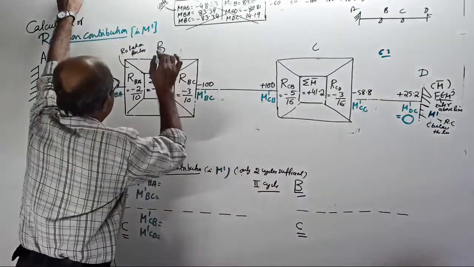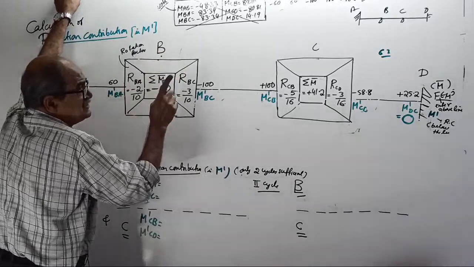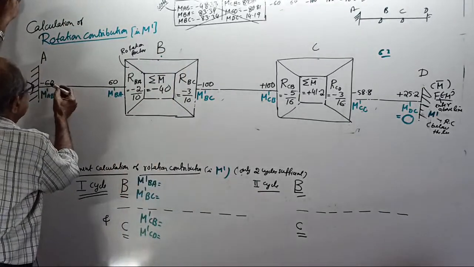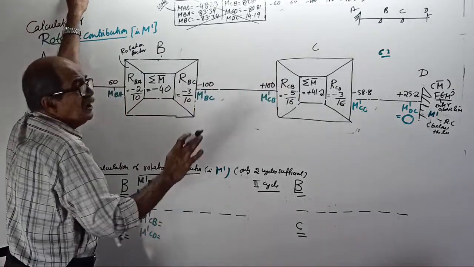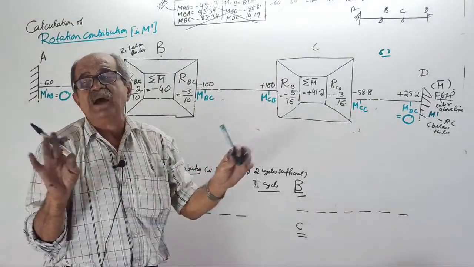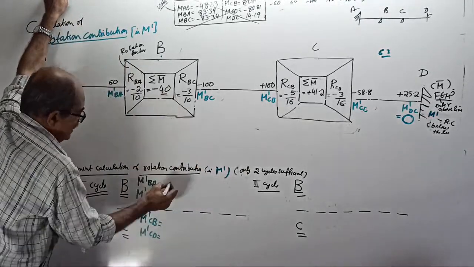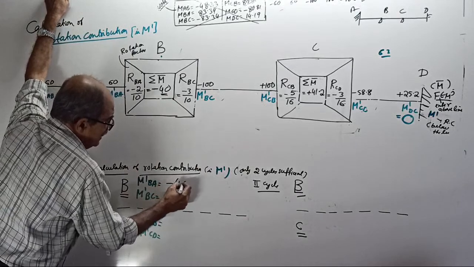So if I do at B, first I want the sum of the FPM. See, this minus 60 plus 60 are FPMs. We do not want individual FPM, we want the sum of FPM. How much is it here? It is minus 40.